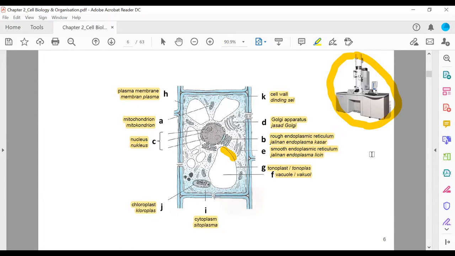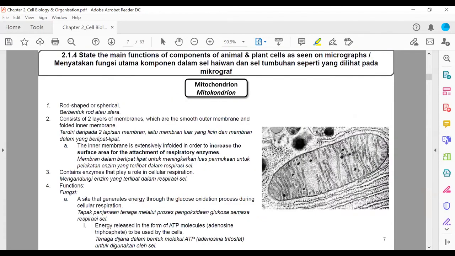We are going to see each of these components one by one, how they look like and what are their functions. Bagaimana rupa mereka dan apa fungsi mereka. So let's see. Baik. 2.1.4 state the main functions of components of animal and plant cells as seen on micrograph, menyatakan fungsi utama komponen dalam sel haiwan dan sel tumbuhan seperti yang dilihat pada micrograph.